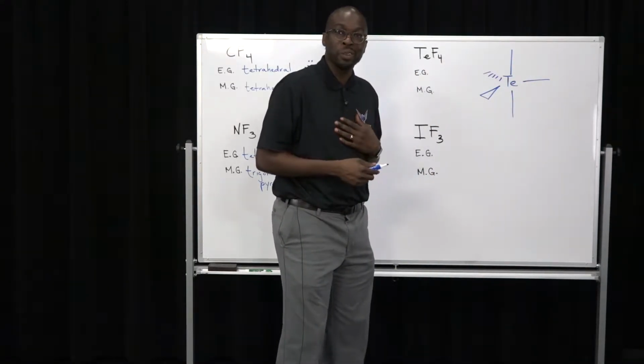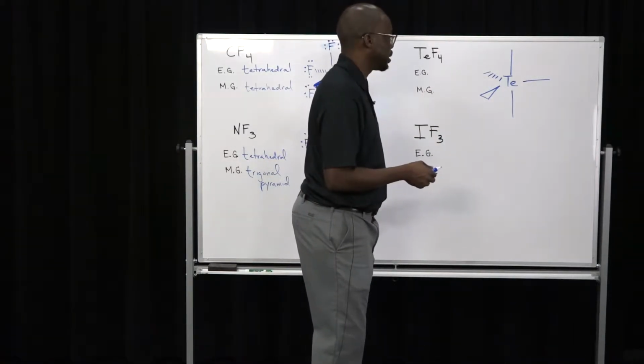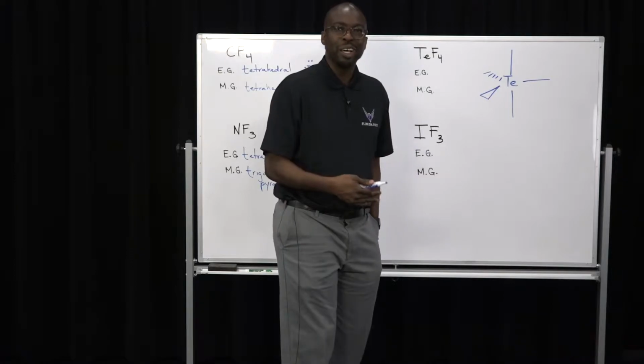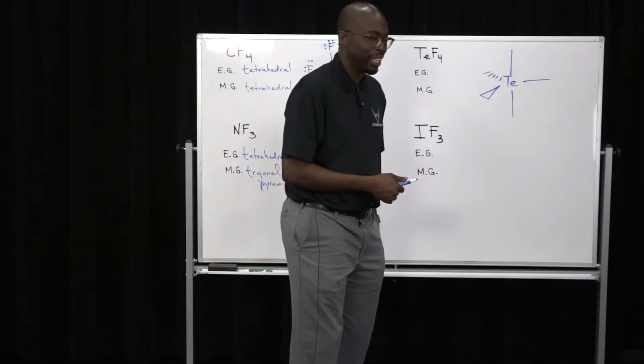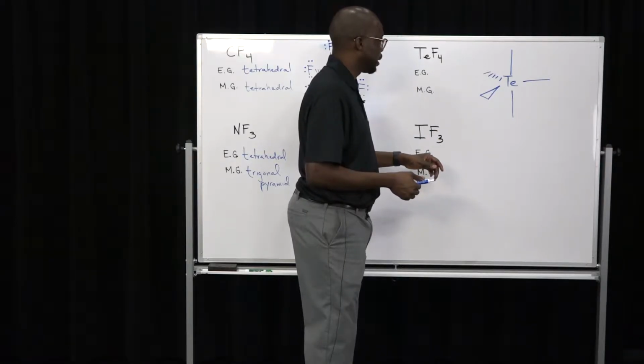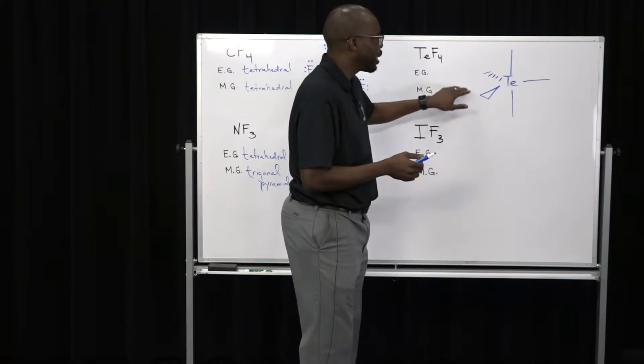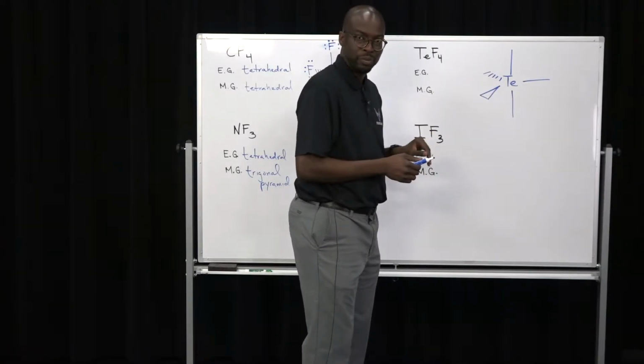So that means that one of these positions is going to be occupied by a lone pair of electrons. As it turns out, the lone pair of electrons in all 5 charge cloud cases goes along the equatorial region of the structure.